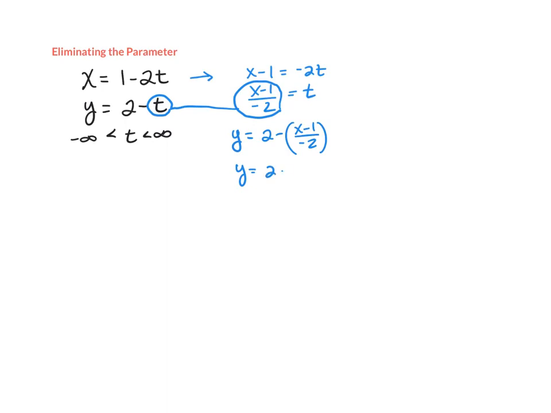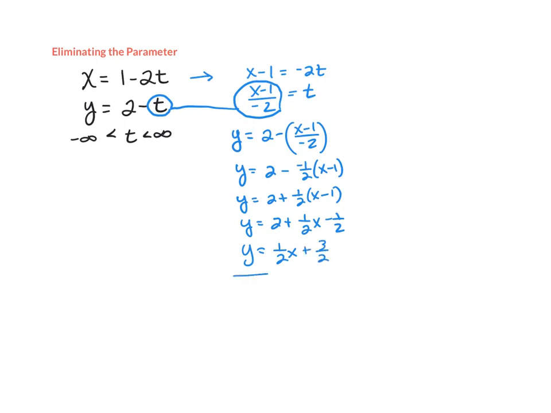That'll be really 2 minus, we can say, a -1/2 times x minus 1, which will be 2 plus 1/2 times x minus 1, which is 2 plus 1/2 x minus 1/2, which is 1/2 x plus 3/2, which you would recognize easily is a line, with a slope of 1/2 and a y-intercept of 3/2.